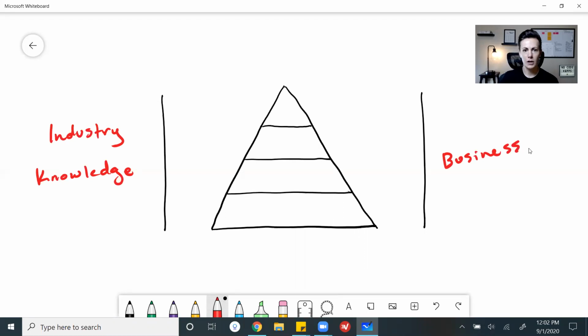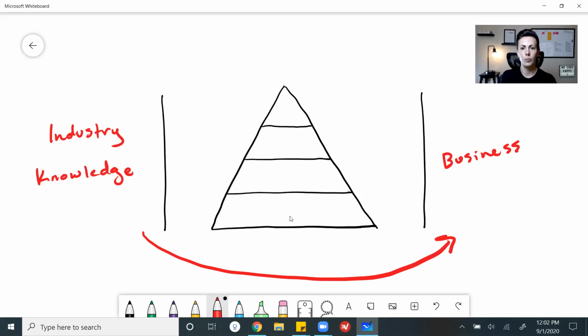So essentially, what we need to do is bridge this gap right here. We need to create a bridge that takes the knowledge and the expertise that you're bringing to the table, that wraps it up into the form of a scalable app so that you can turn it into a business on the other side and actually grow that business.